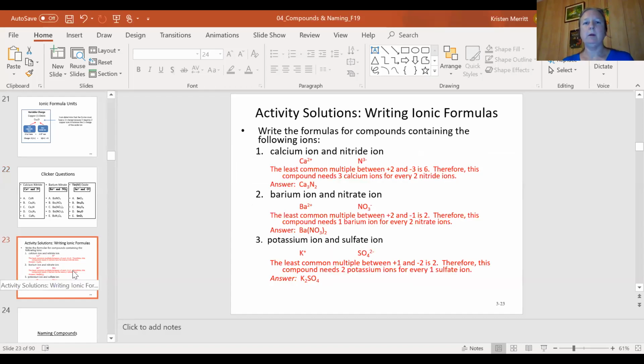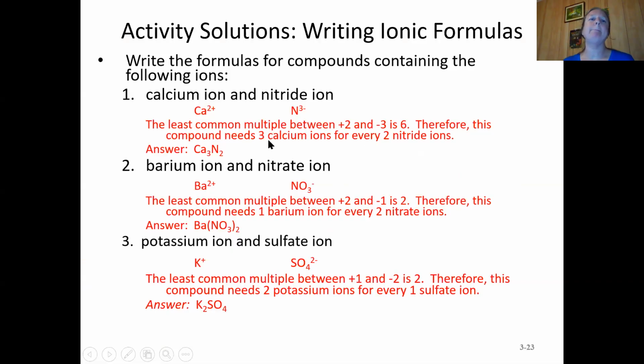Okay. So some more examples. With calcium and nitride, try to do these examples using the periodic table. Figure out the ions yourself.